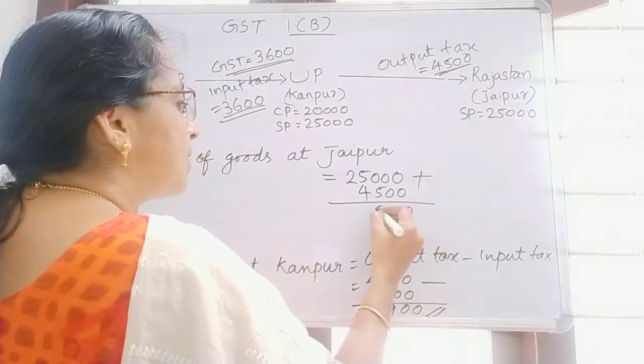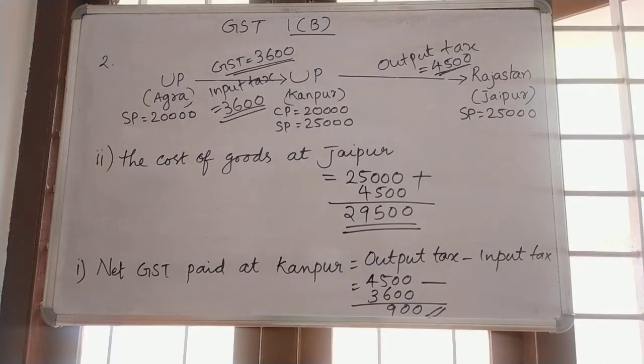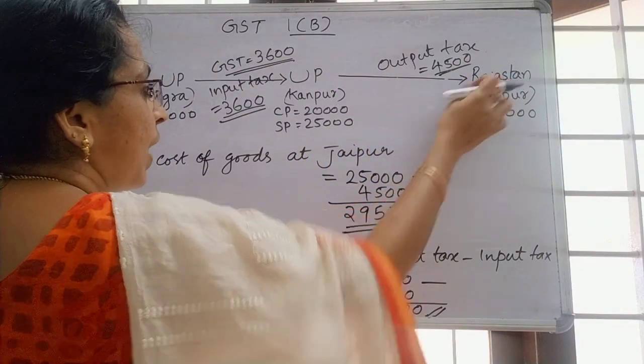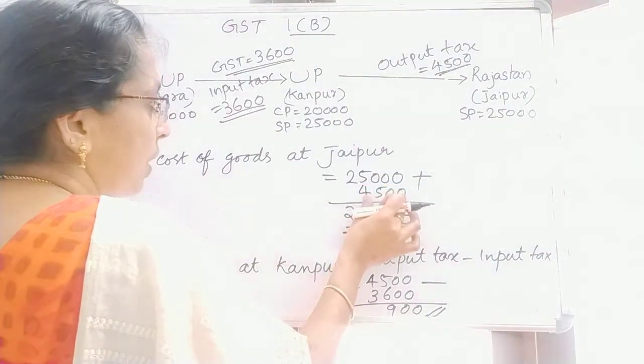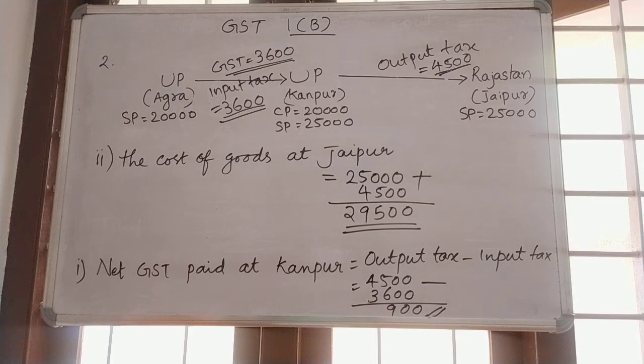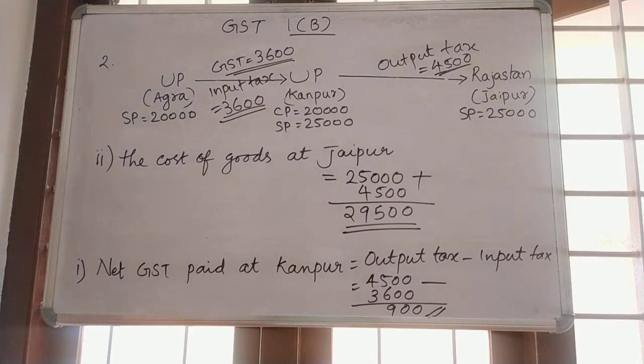So the final answer will be 29,500. If it is not the end user, there is no need to add GST. Since it is the end user, we add the GST. So the cost of goods at Jaipur is 29,500.